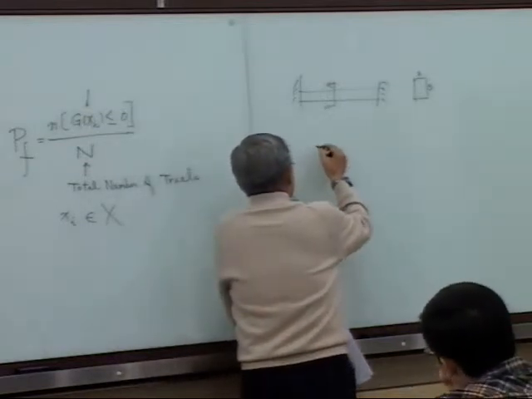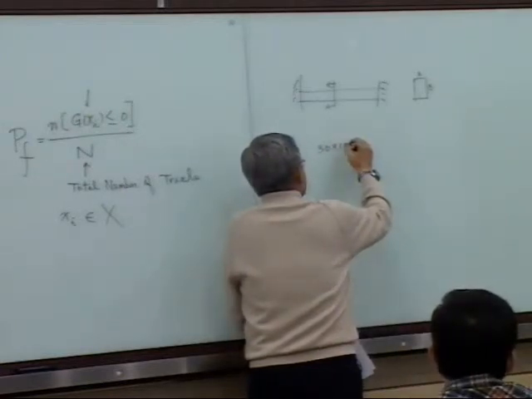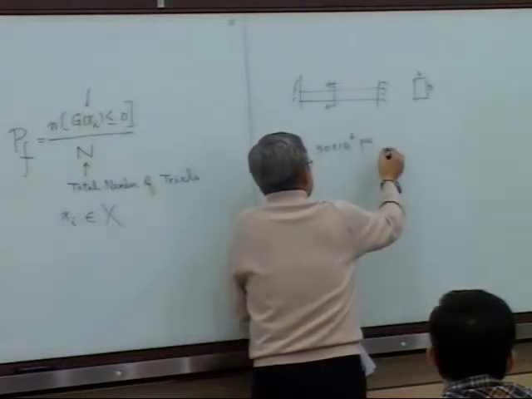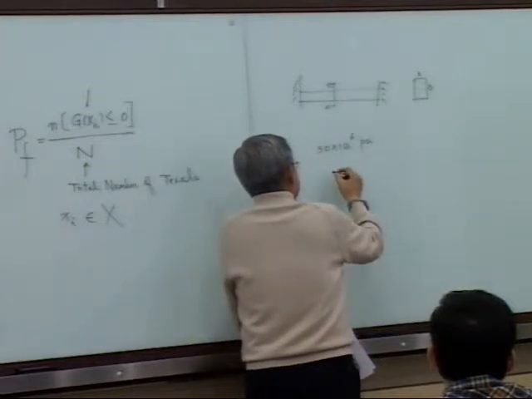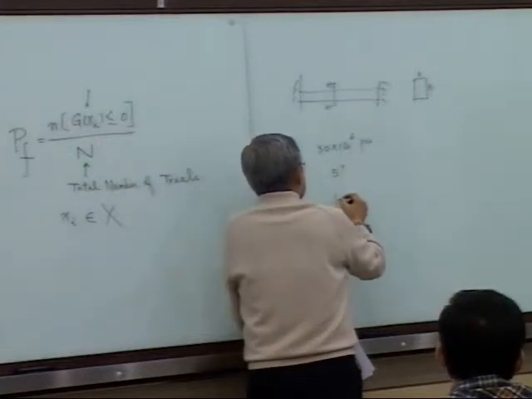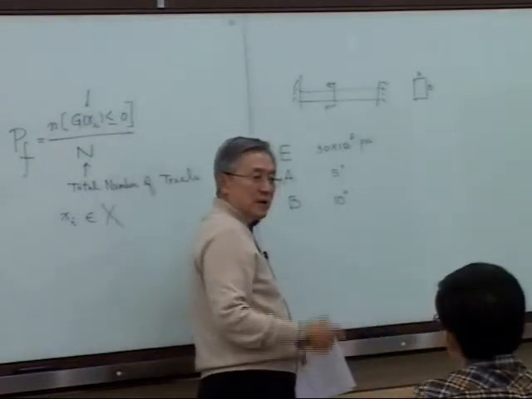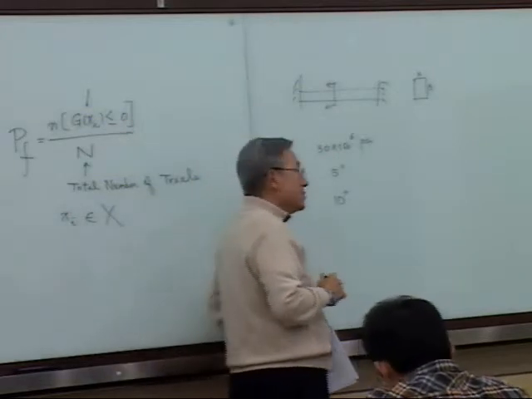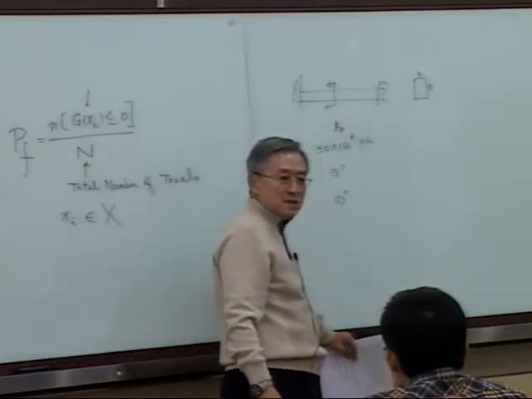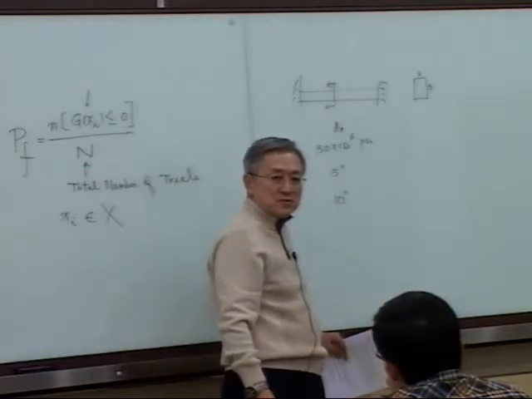Then this is 30 times 10 to the 6 psi. And A is something like 5 inches. B is like 10 inches. Simply just a beam. Then as you take this as a random variable, this is the mean of the Young's modulus value.